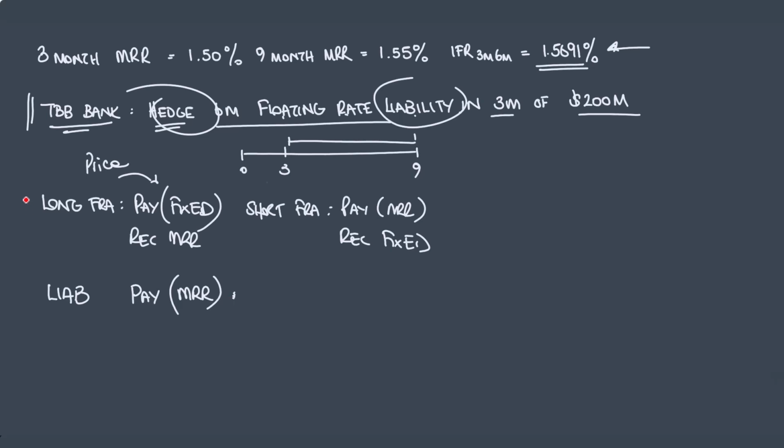It therefore wants to go long on an FRA because look, now it will be paying MRR on its liability, receiving MRR from the FRA, netting out to pay fixed. It has switched a floating rate liability to a fixed. It is hedged. So they would go long on an FRA.